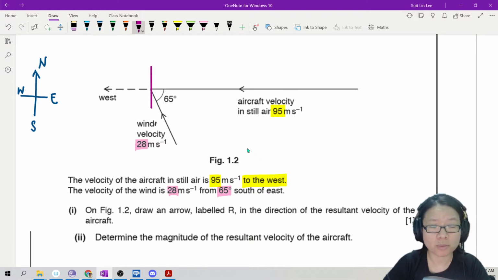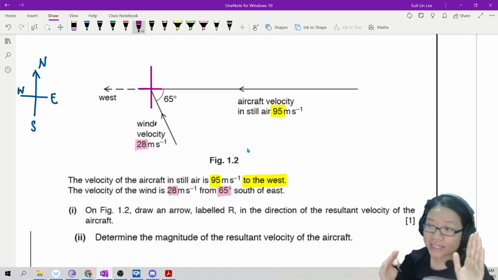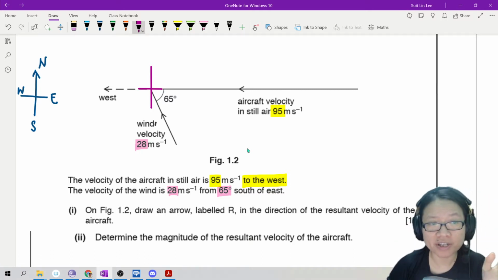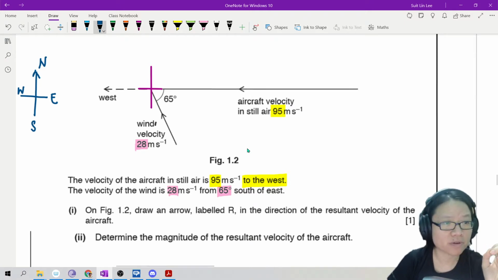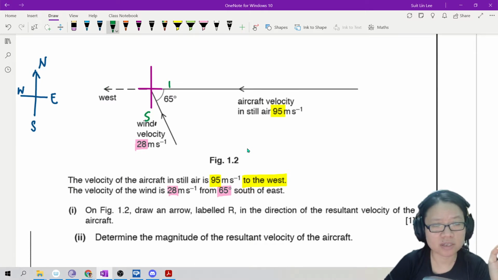Okay, so number one, you can draw the crosshair here. And when they say 65 south of east, it's pointing towards here. So you always draw at the end. Just like, for example, for this aircraft velocity, you will draw here, and the aircraft velocity is pointing in this direction. Okay, so it's pointing to the west. So right now, you can see this is south, this is east.